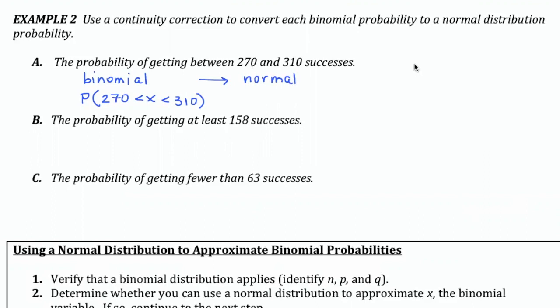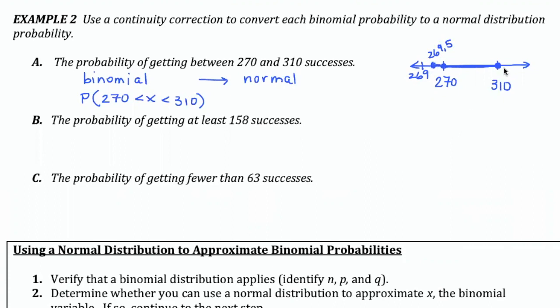Now, remember what that means, and again, I like to think about it in terms of the number line, is I have 270, I have 310, and getting between those is obviously this portion of the number line, the numbers between 270 and 310. But I also want to consider those things that are going to round to 270. So if 269 is here, anything that's at 269.5 or higher will round to 270, so I need to include those.